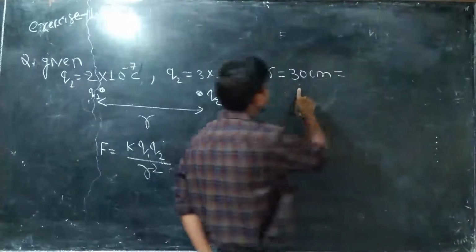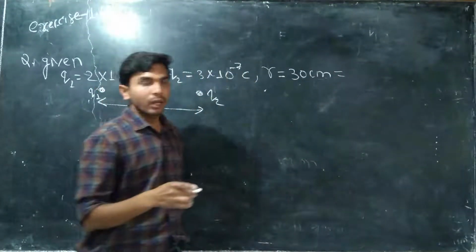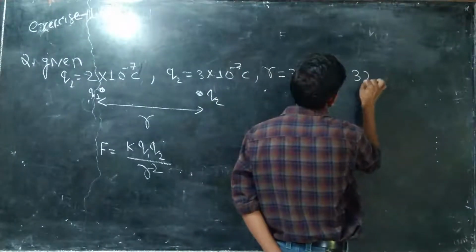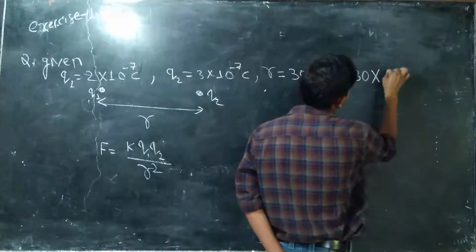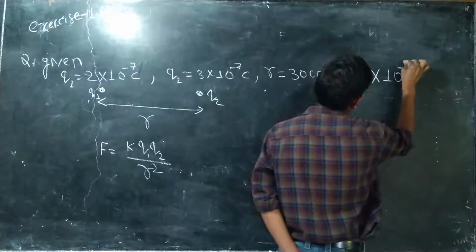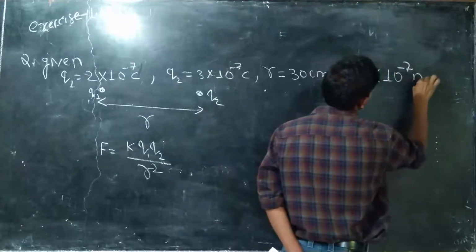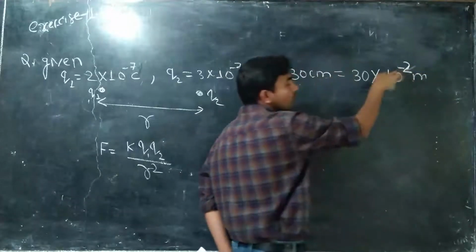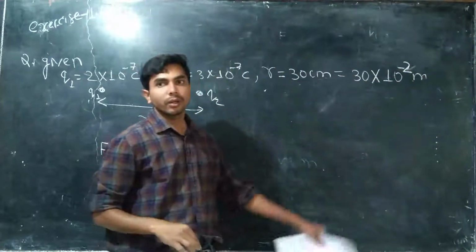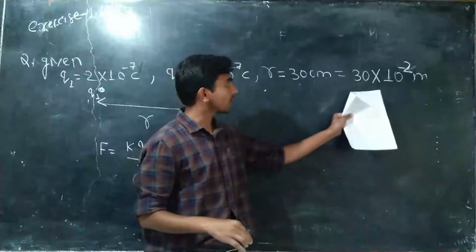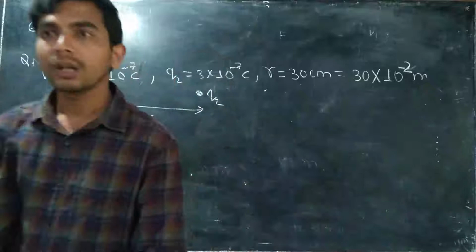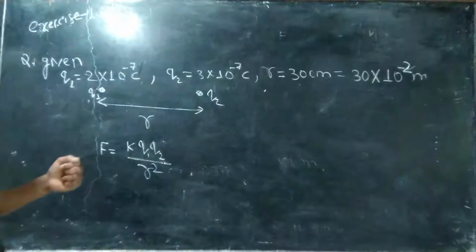In place of 30 centimeter, we write 30 into 10 to the power minus 2 meter, because I converted centimeter into meter.